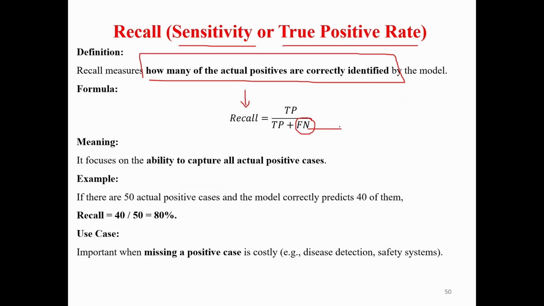If false negative decreases, your recall increases. That means it is the ability to capture all the actual positive cases. If there are 50 actual positive cases and 40 of them are identified, that means 80% recall. What is the meaning of 80% recall? Missing positive cases is very costly, so try not to miss positive cases.